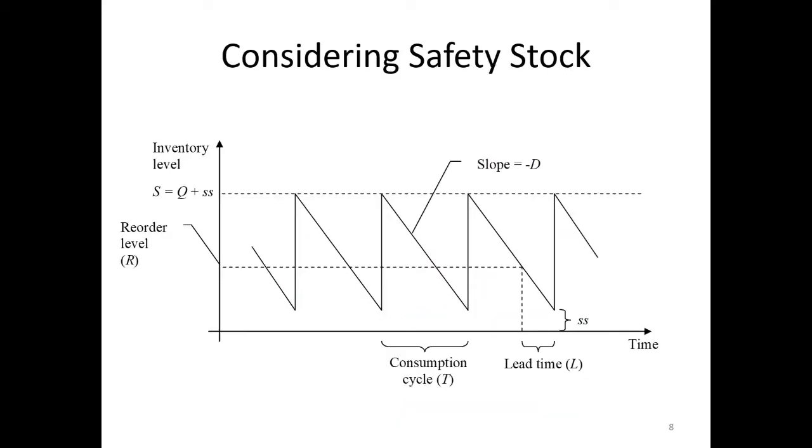Now let us have a look at some extensions to the basic EOQ model. The first extension is related to the consideration of something called safety stock. Safety stock is an amount of the stock keeping unit that is kept in inventory all the time. This amount can affect the shape of the inventory level diagram as shown here. It's like you have raised the level of the inventory level diagram by an amount that is the safety stock.